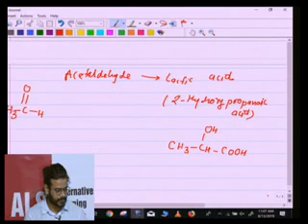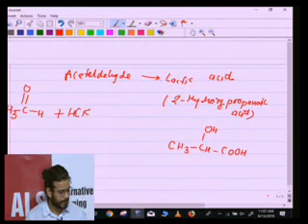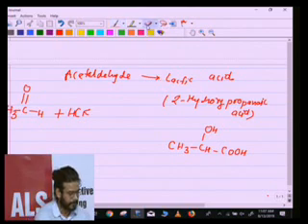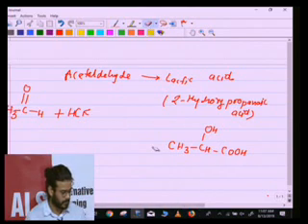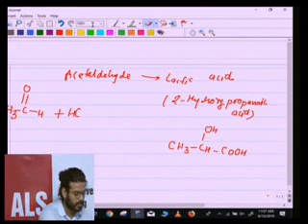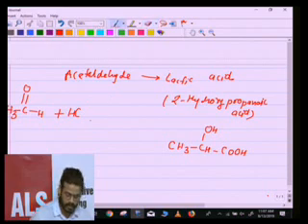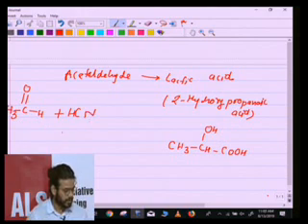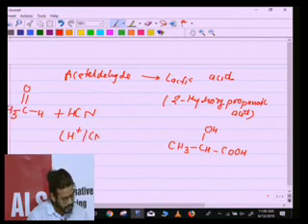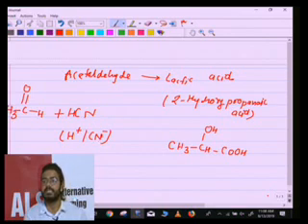Okay, so if I add HCN, this HCN can be dissociated into H positive and CN negative.